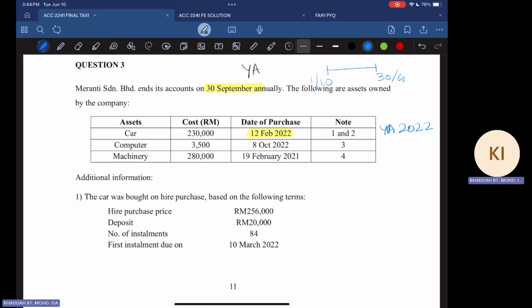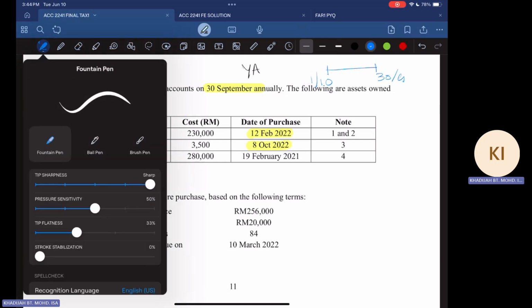When I say it was purchased in October 2022, the year end would be 30th September of the following year, which is YA 2023.